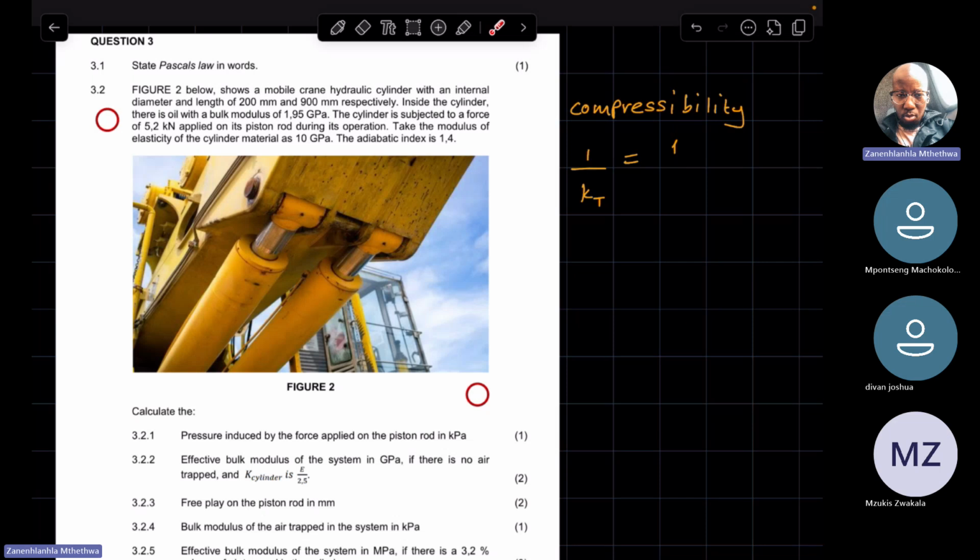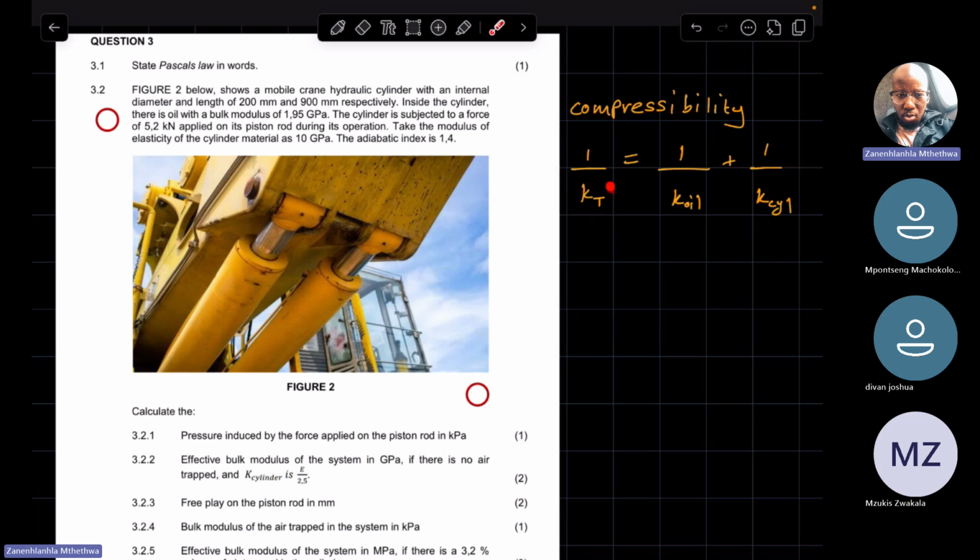So for instance, in this case, you have the substance, which is oil. So this would be 1 over K oil plus 1 over the bulk modulus of the cylinder. This is the general formula for calculating compressibility.